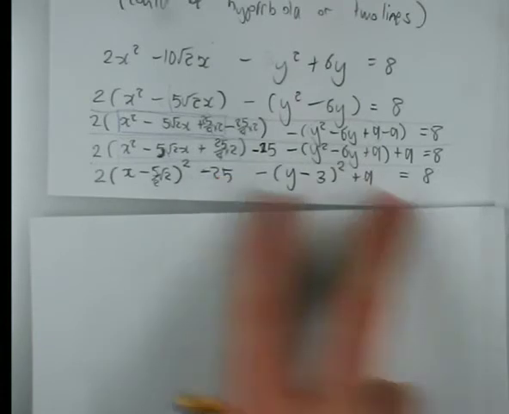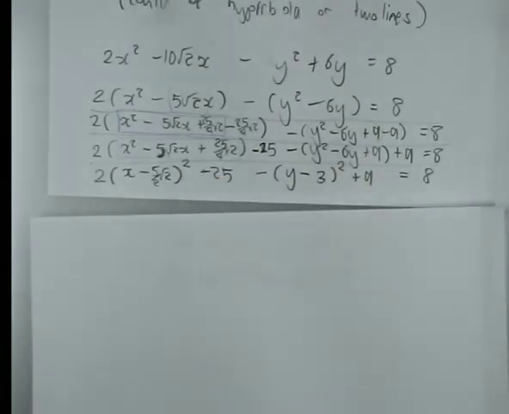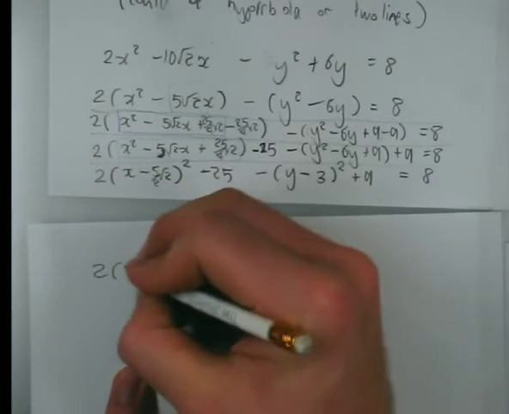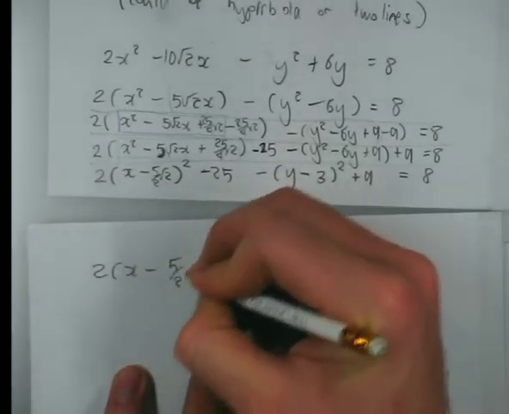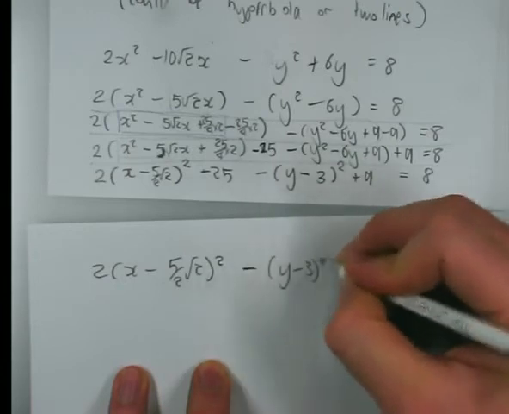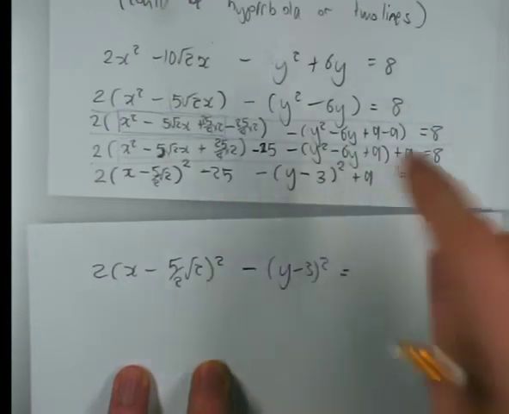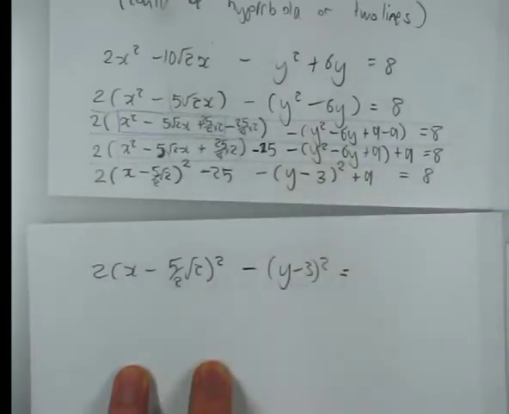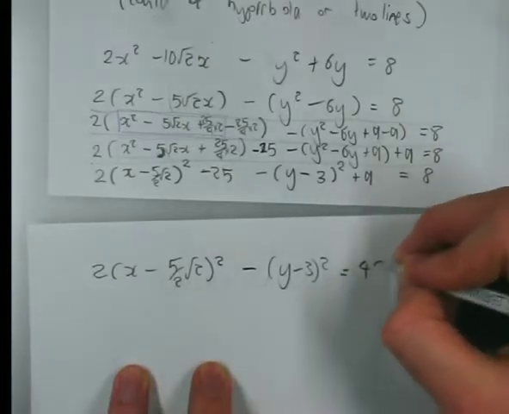You know, put all the numbers over there with the 8. So it looks like it's a hyperbola then, because my number over there is not 0. So 8 plus 9 would be 17, plus another 25 would be 42.